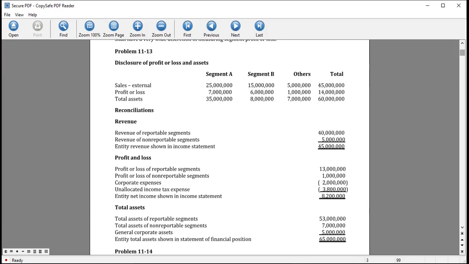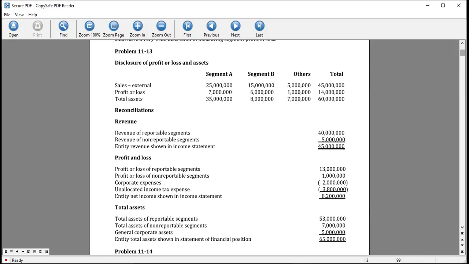So for profit or loss of reportable segments equals 13 million. The non-reportable segments is 1 million. So from the total, we have to deduct the corporate expenses of 2 million and the unallocated income tax expense of 3.8 million. The entity net income shown in the income statement is 8.2 million.